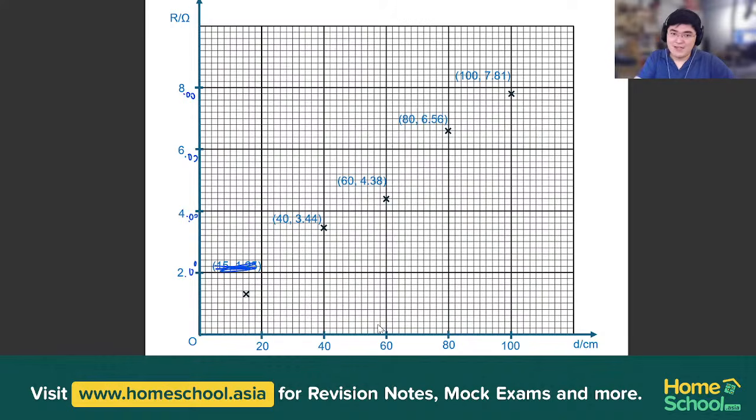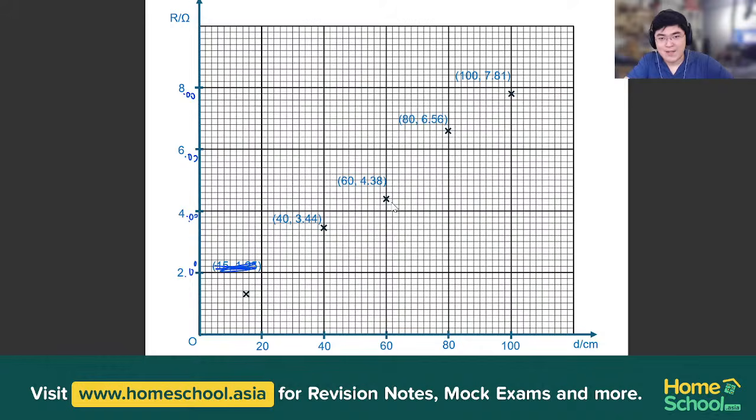Now that we have our plot points nicely drawn like this, we are going to draw the line of best fit. What makes the line of best fit important is you have to draw the line in such a way that it runs very closely to the plot points, and it is recommended for the number of plots above to be somewhat equal to the number of plots below.